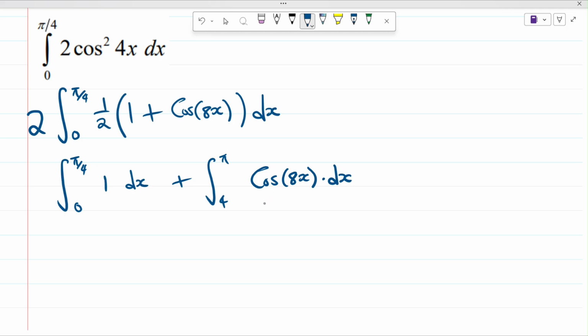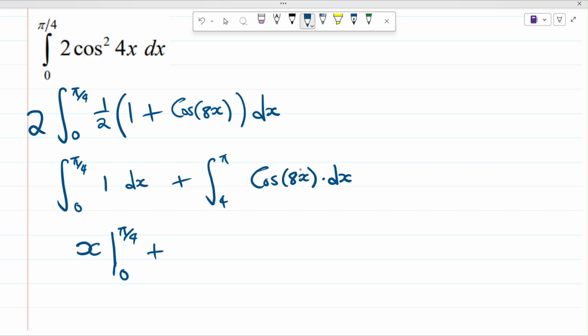Makes sense, right? So the integral of 1 dx is simple, right? Even I can do it. So it's x, from 0 to pi over 4, then plus, now you integrate cos of 8x.